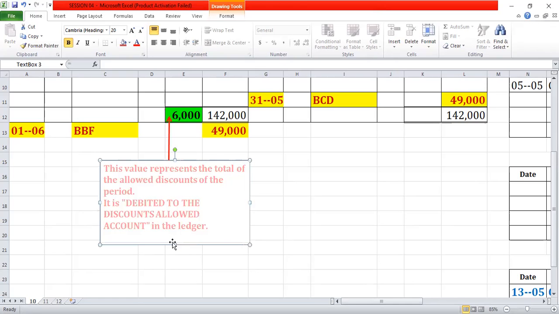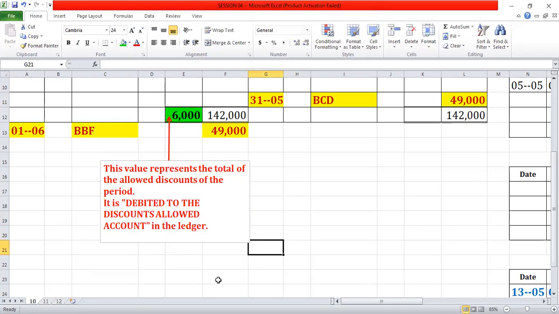Right? It is debited to the discounts allowed account in the ledger.